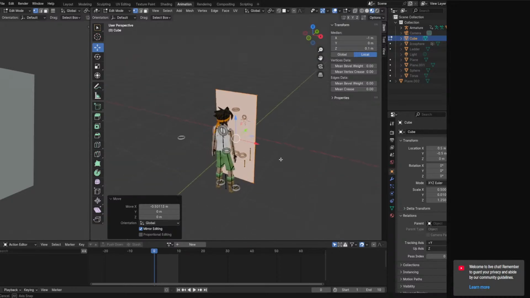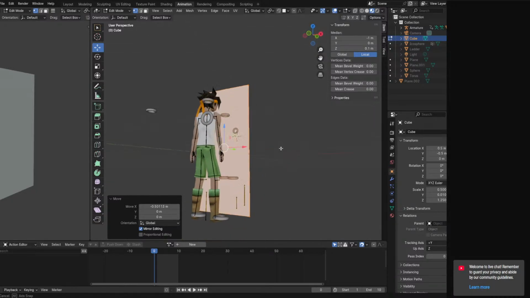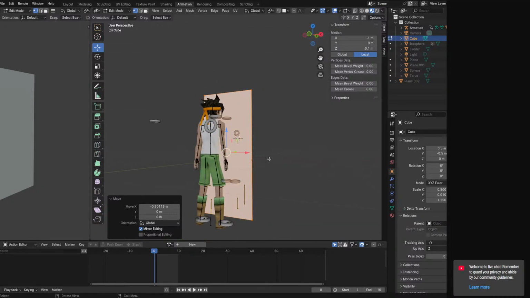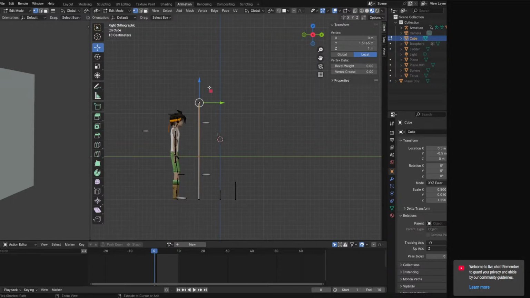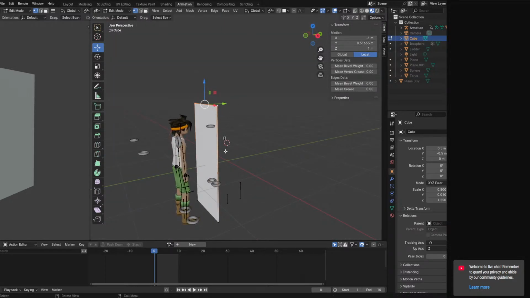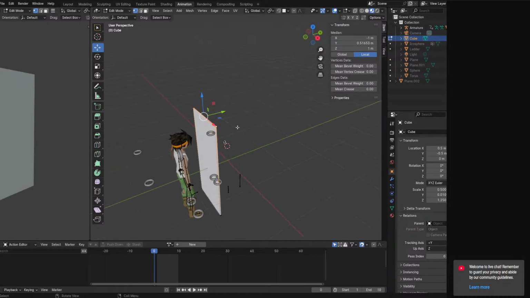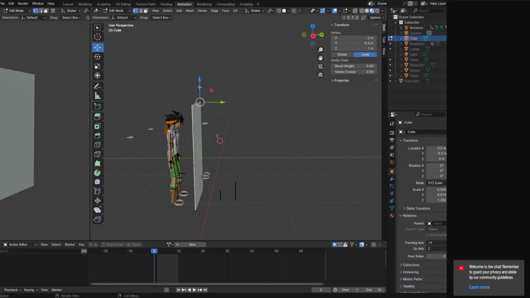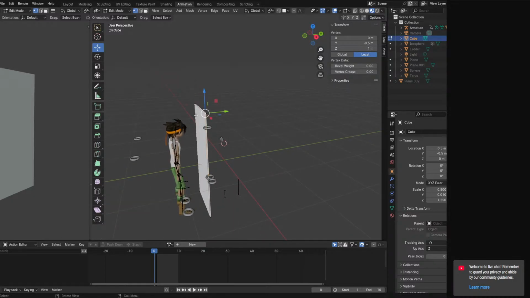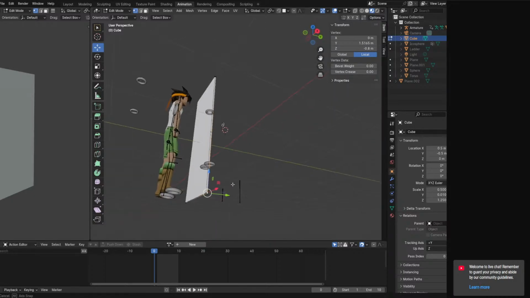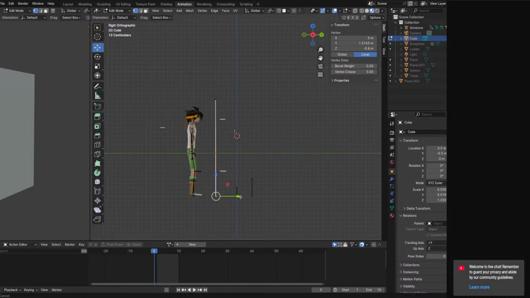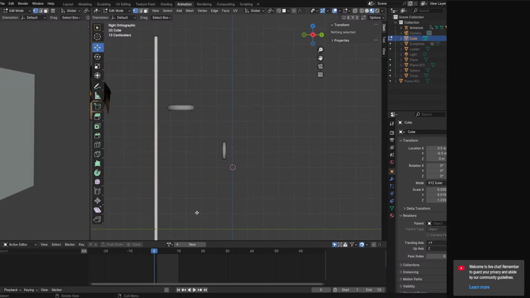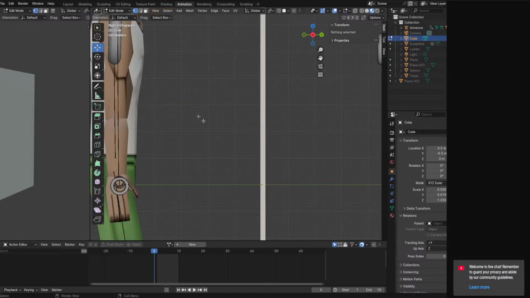Okay, so the door is about 2 meters tall. Well, it's exactly 2 meters tall in the engine. I don't know. No, it's a little bit taller. Hmm.